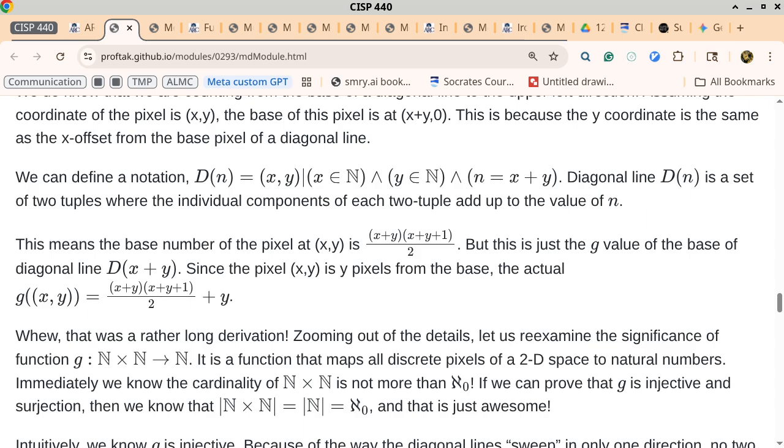Can that be an injection? The answer is yes, it can be an injection, and there are a few ways to do it. Essentially what we want to do is to start with a four-dimensional space coordinate. I'll just call it W, X, Y, Z. So this is the input.